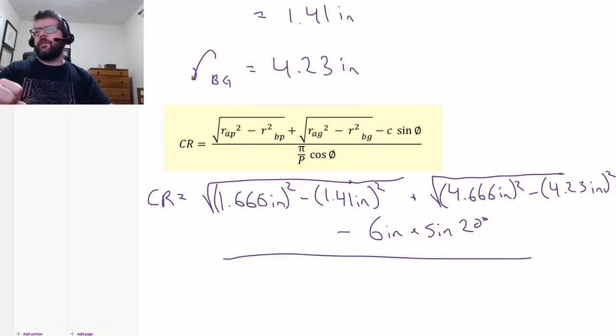All that over 1 divided by 6 per inch, so I'm just going to throw the inch up here, cosine of 20 degrees.